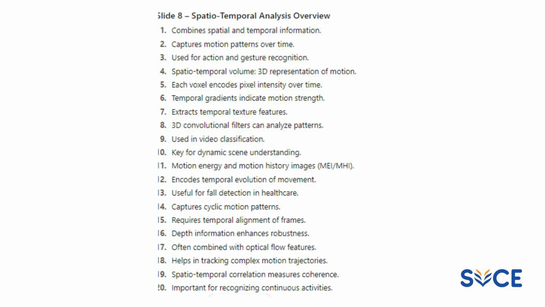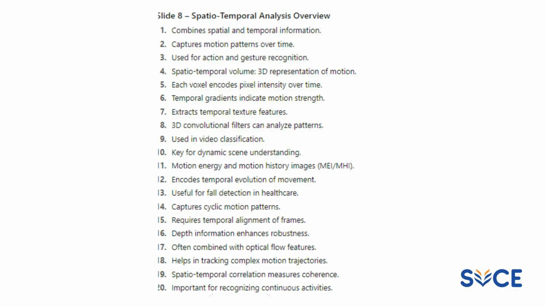Some of the applications: human activity recognition, which detects gestures, walking, running, or abnormal behavior by analyzing the motion over time. In video surveillance, tracking objects and understanding interactions between multiple moving entities.